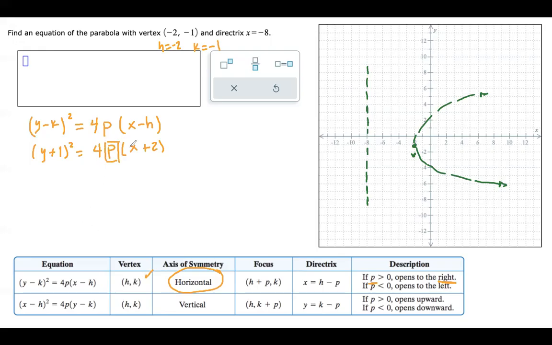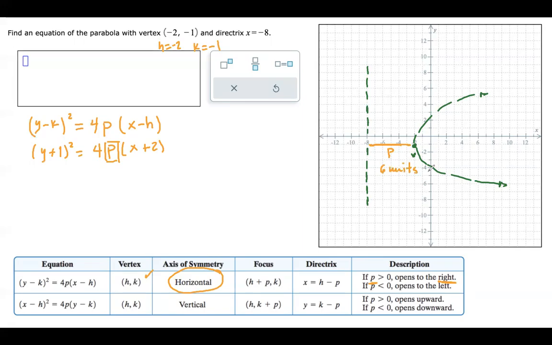And p is basically the distance from the vertex to the directrix or the focus. So this right here is going to be the distance p. And in order to find p, if we're going from -2 to -8, that is a distance of 6 units.